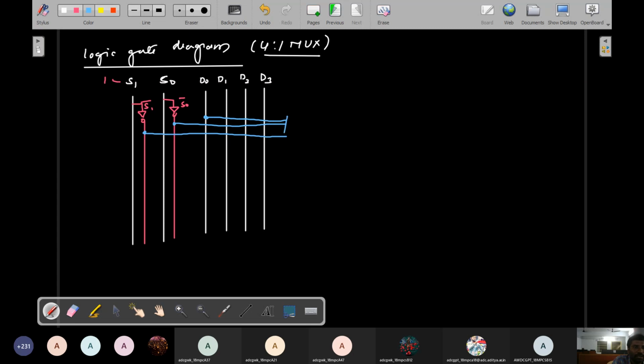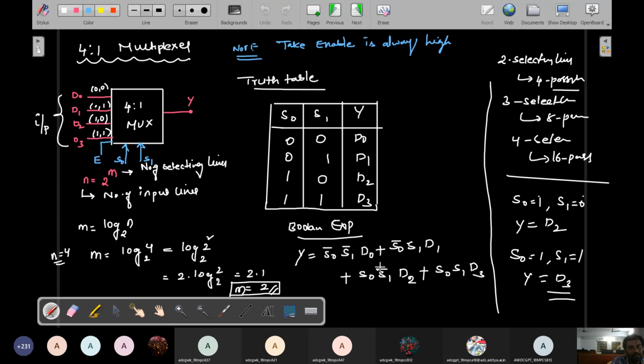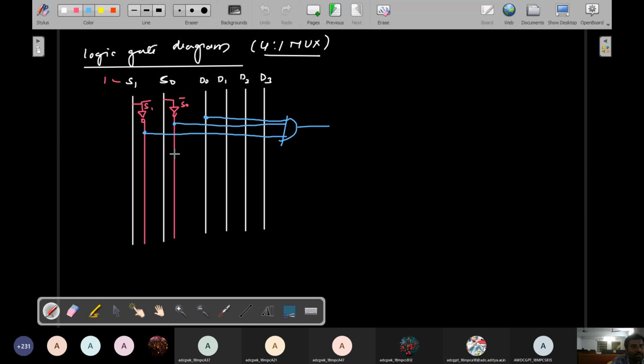Okay, so both are connected to one AND gate. Like second one is S0 bar, S1, D1. This is D1. Okay, I'll represent one AND gate.